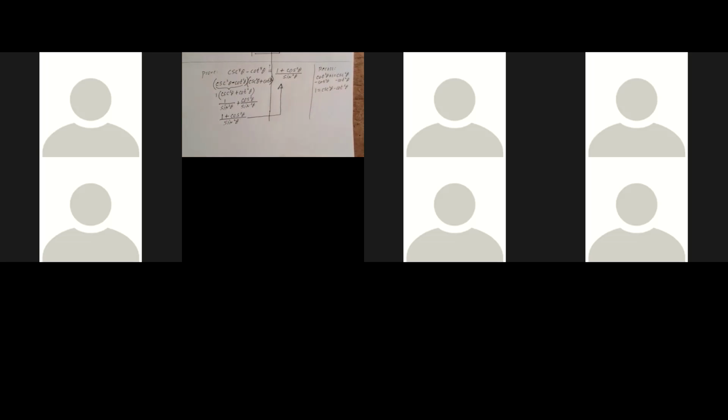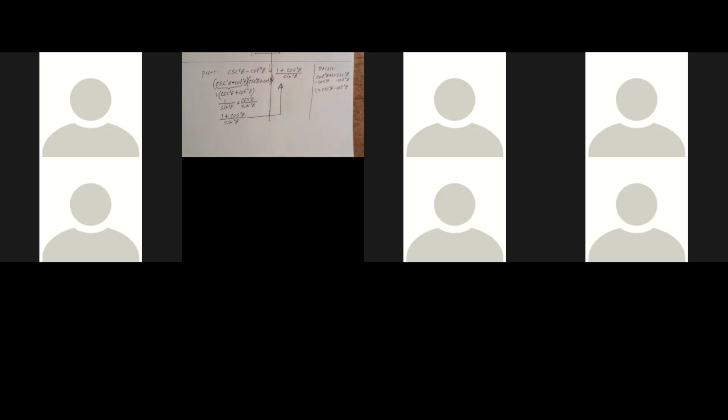Just because you choose a side and it doesn't seem to be going anywhere for you, sometimes scrapping that idea and going to the other side and working with the other side might help. Both these sides appear to be almost of equal complexity, almost. So it's your choice whether you want to work with the right or left side to show it's the other side.